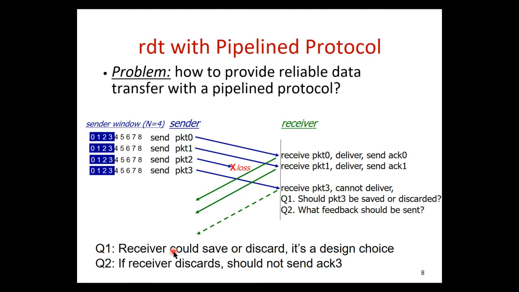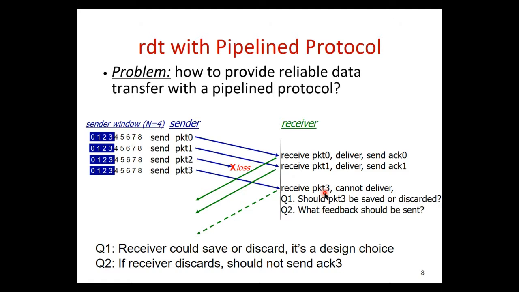Depending on how we want to design the protocol, we could choose a design where the receiver saves or where the receiver discards. It's really a design choice. Now I think you can imagine easily that if the receiver saves a packet, it's going to be a more complex implementation, right?